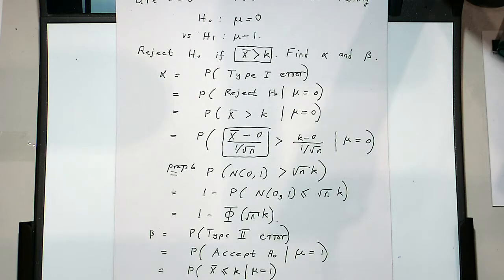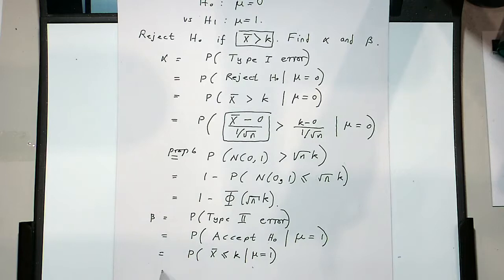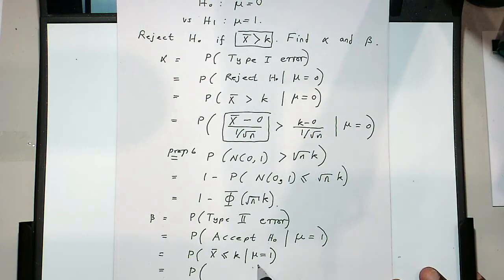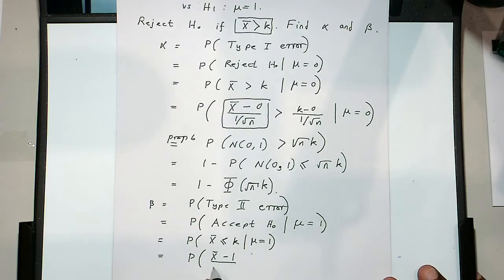Okay. Now I'm going to do the same thing I did in the first part. I'm going to standardize this, but this time, because the population mean is equal to 1, I need to subtract 1, not 0, because we are conditioning on mu being equal to 1. So we subtract 1 and divide by 1 over root n.